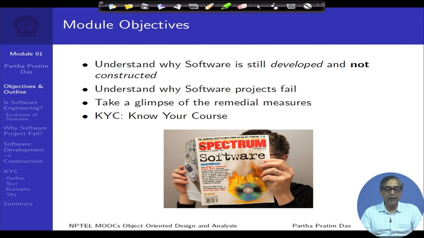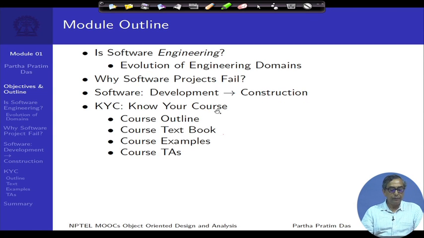And finally, we will end the module with a KYC, that is know your course, that is what are we going to cover in this whole course. The outline would be: is software, what is software engineering, or rather is software really engineering, and why projects fail, and so on.